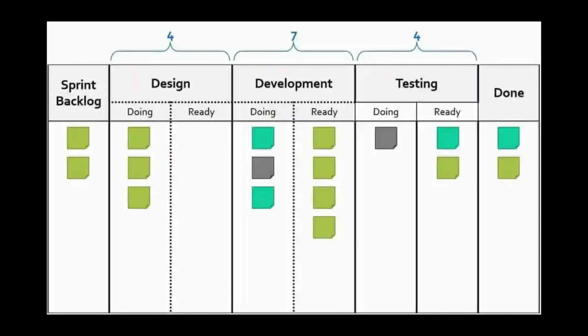all tasks are visible on a shared Scrum board: to do, in progress, testing, done. The sprint backlog clearly shows which features are committed for this sprint.